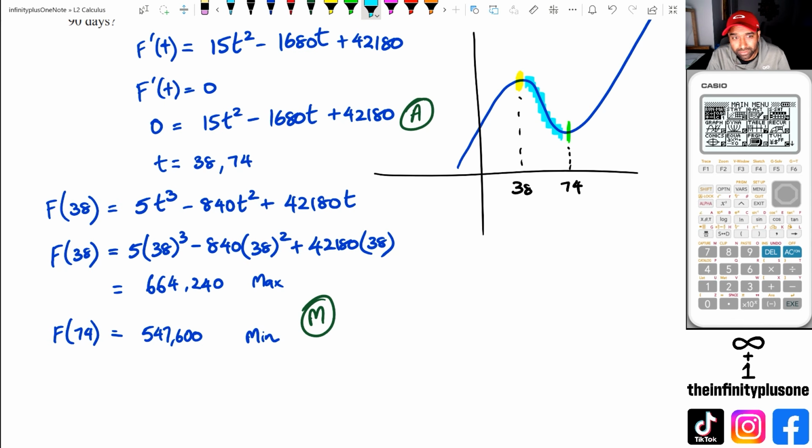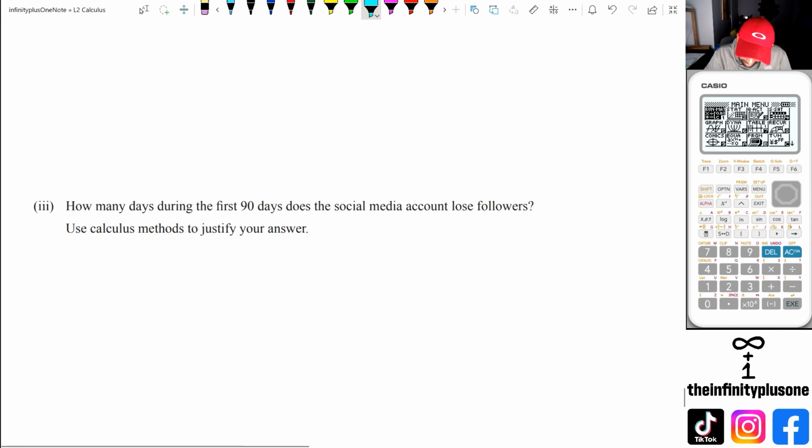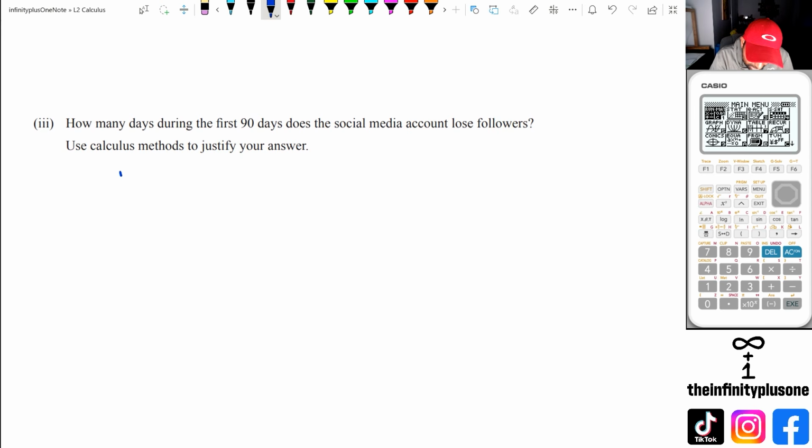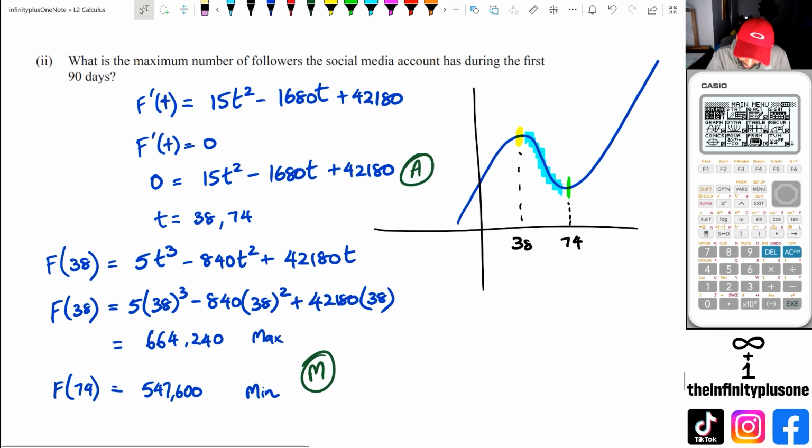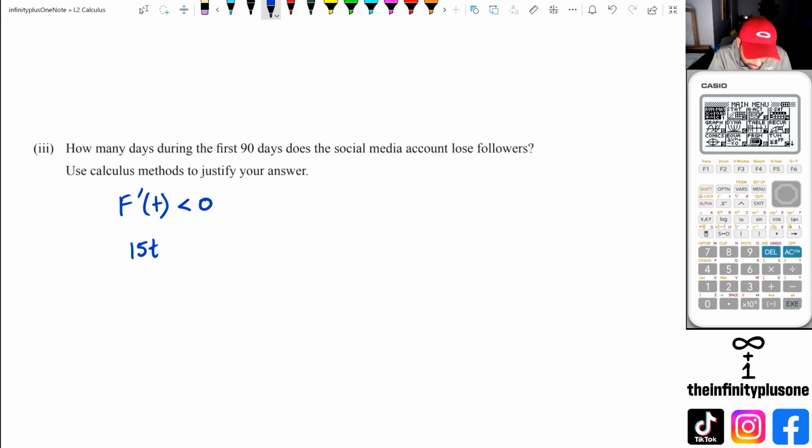So for it to lose followers, we want f dash of t to be less than 0. In other words, we know the equation for f dash of t, because that was the 15t squared right at the top there when we differentiated it. So we can say 15t squared minus 1680t plus 42,180 has to be less than 0.